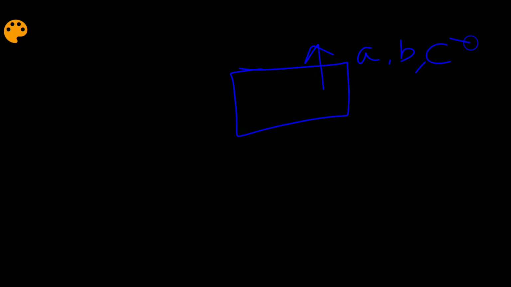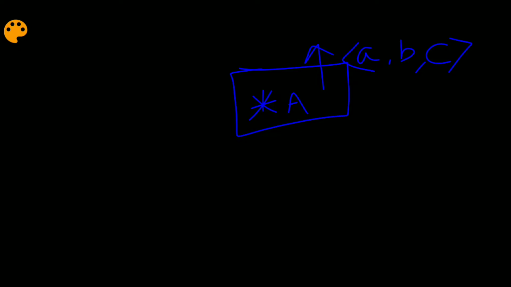But what is the equation of a plane? I'm telling you, you have to understand this. This is a plane which has the direction ratio A, B, C, and it is passing through a given point.